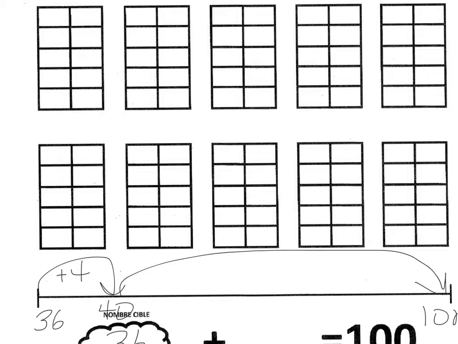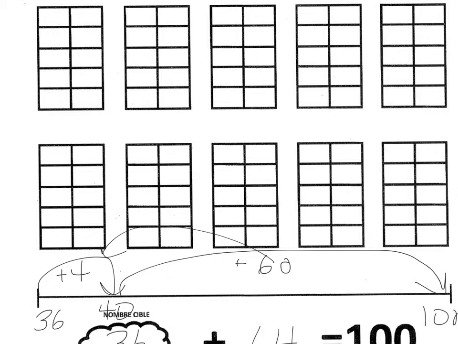So they would have to ask themselves, what is the difference between 40 and 100? Basically relating it back to the partner to 10. So 4, what's 4's partner to 10, which is 6. So they have to relate that to then 40's partner to 100 would be 60. So they would write 60 here.